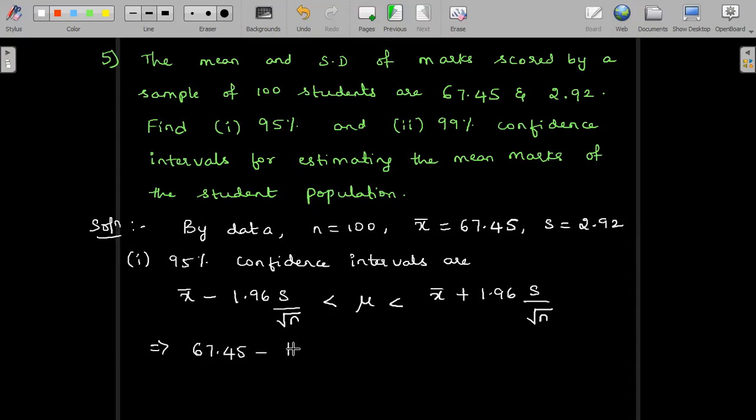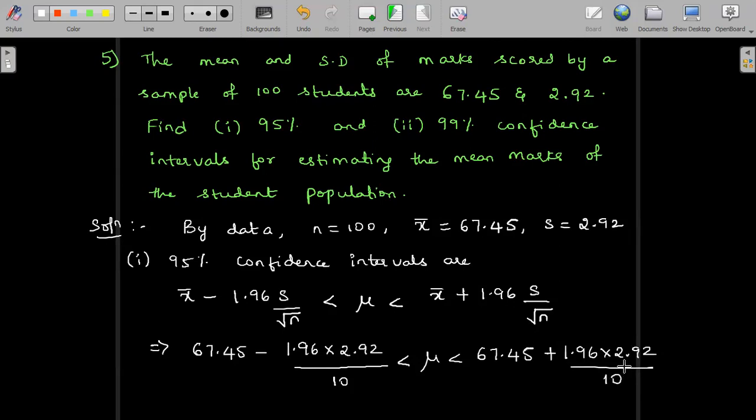67.45 minus 1.96 into 2.92 divided by square root of 100, which is 10, and similarly 67.45 plus 1.96 into 2.92 divided by 10. So mu lies between x bar minus and plus 1.96 into S by square root of n. Now evaluating this, we can obtain where mu lies at 95% confidence limits.